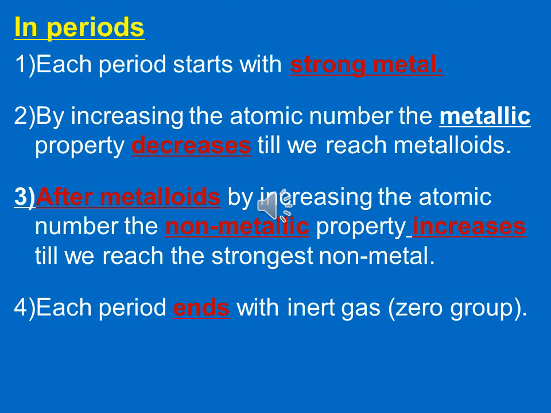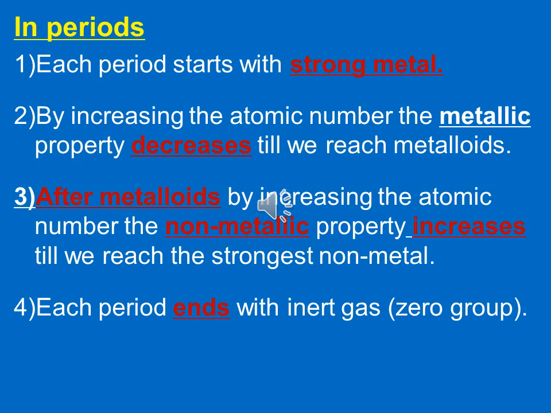Now we'll talk about the graduation of metallic and non-metallic property in periods. As we said, each period starts with a strong metal. Why? Because on the left side, the element has a larger size than the element on the right side.